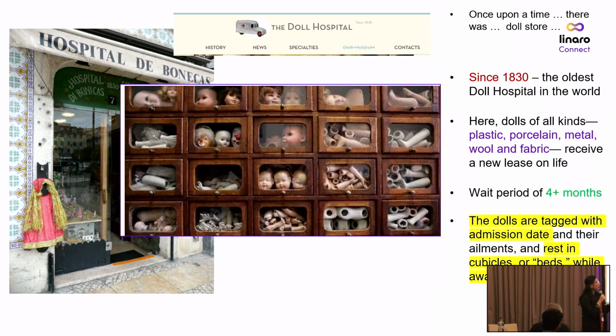And dolls of all kinds, whether plastic, wool, cloth, porcelain, are treated here. If there's anyone from the UK here and you think NHS is broken, the dolls here have to wait for a period of at least 4 months to get admitted. There is, I'm not kidding, an admission date tagged on the doll before they are admitted on these beds. And once they are treated, they are handed back to the owner.